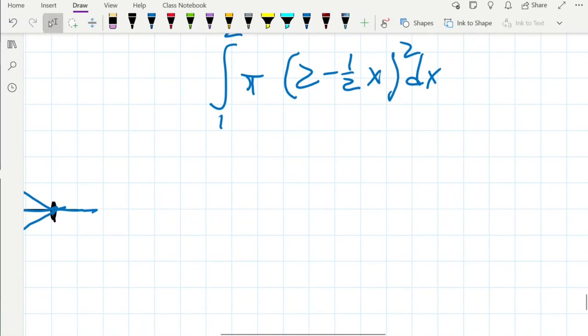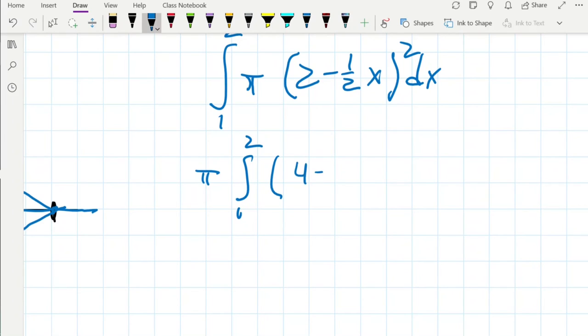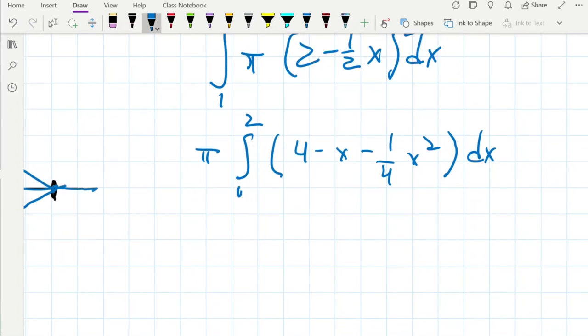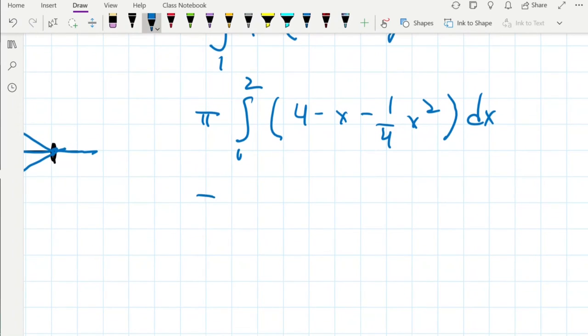All right, so instead, we're going to take pi out to the front, from 1 to 2 of 4 minus x minus 1 over 4 x squared dx. All right, so we're going to have pi from 1 to 2.